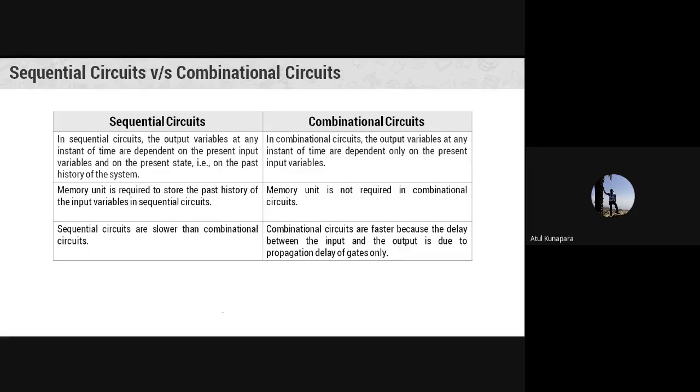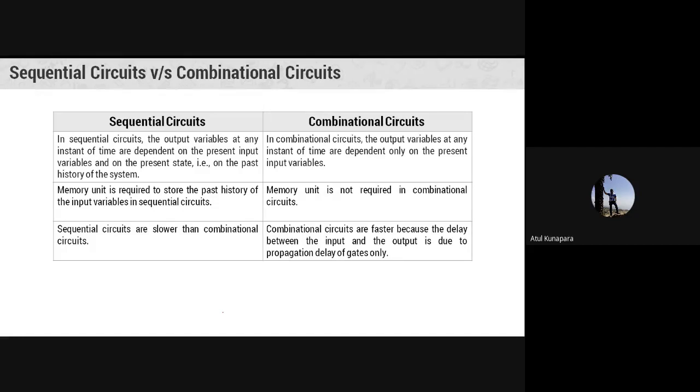Why is that so? Because in a sequential circuit, we need to take the data from the memory unit also. And that's why the delay involved in reading the data from memory is also added into the operation of the sequential circuit, and that's why sequential circuits are slower.